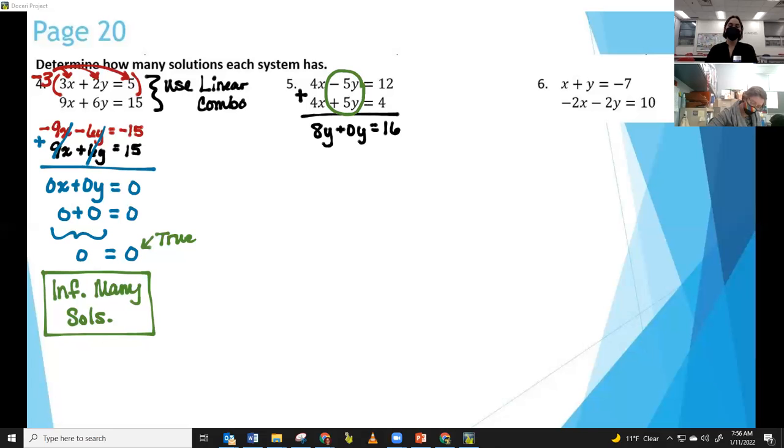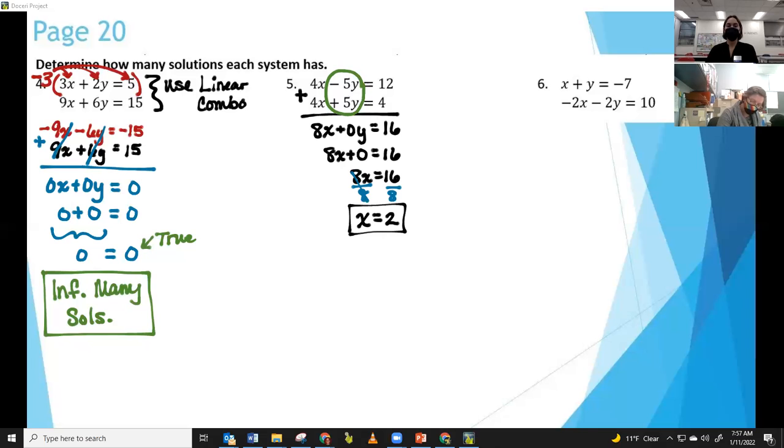Oh, that should be an x at the front, not a y. Oops. 8x. So I would have 8x plus 0 equals 16. That's just the same thing as 8x equals 16. When I divide both sides by 8, that means x is what? 2.